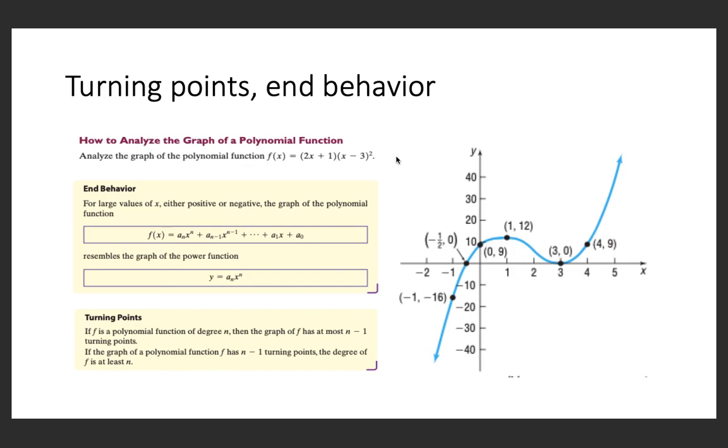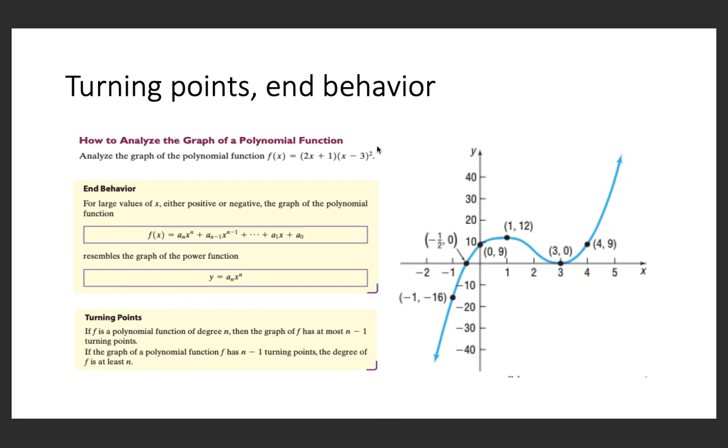If you remember, if the power is 3, then our graph was like this. That's why the end part is like this and this part is like this. This is due to the maximum power.